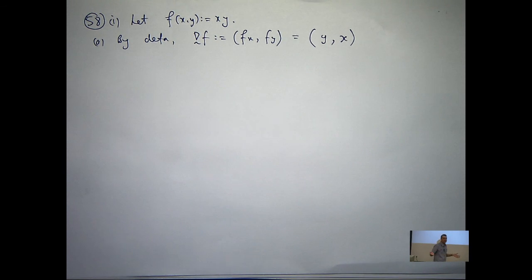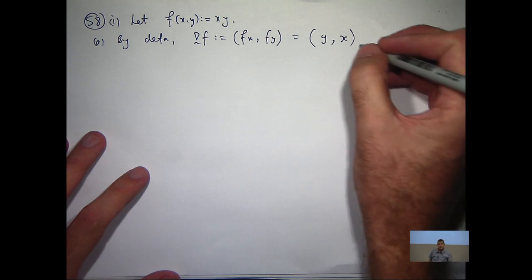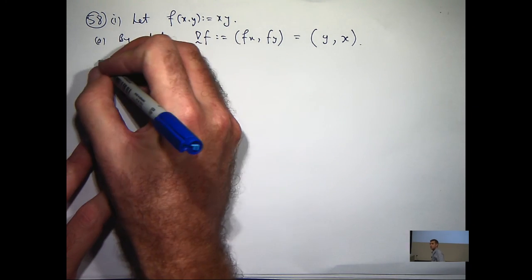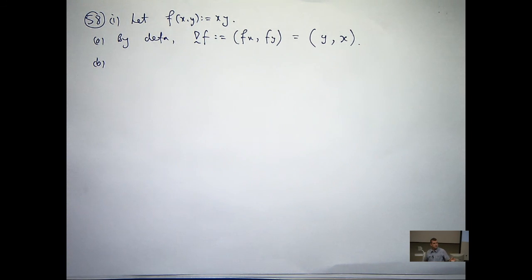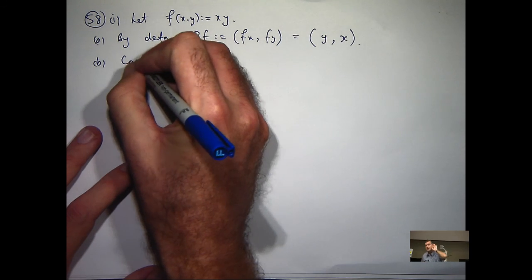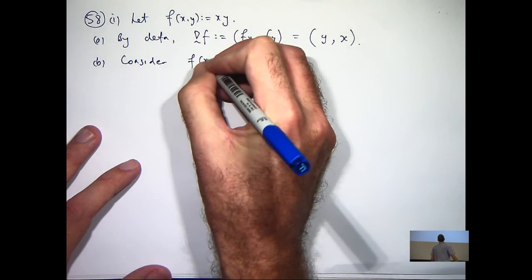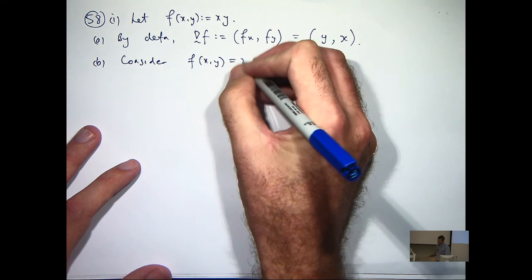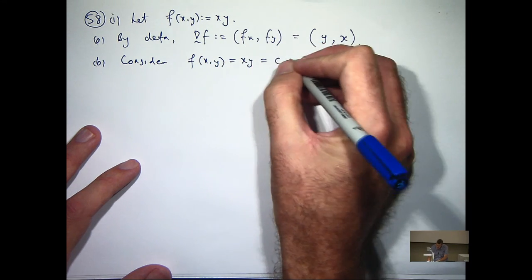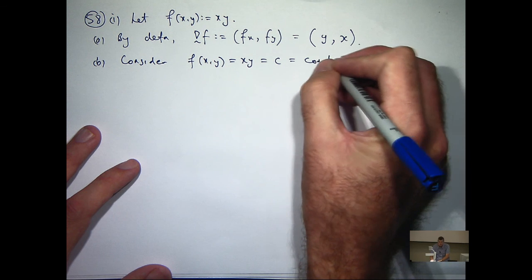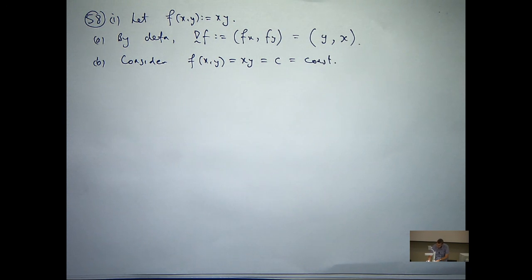The second part of the question was to graph some level curves of this function. We'll just be graphing them in the xy plane. Consider xy equals c, which is a constant.